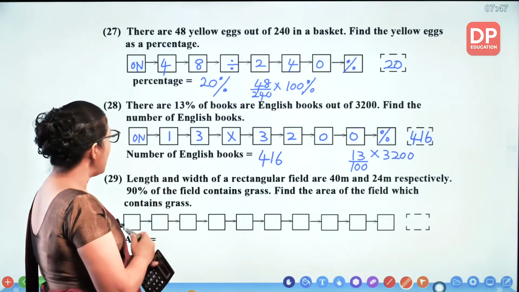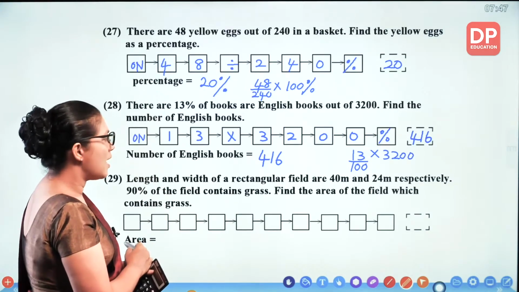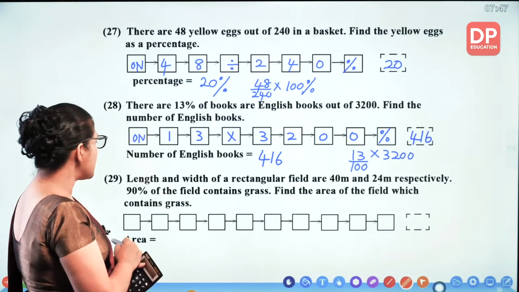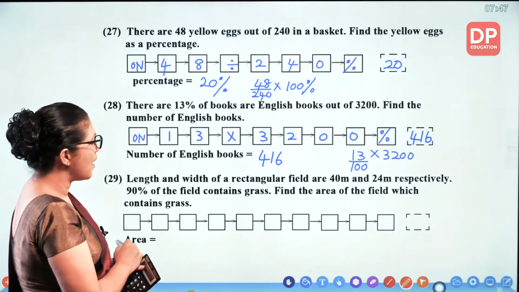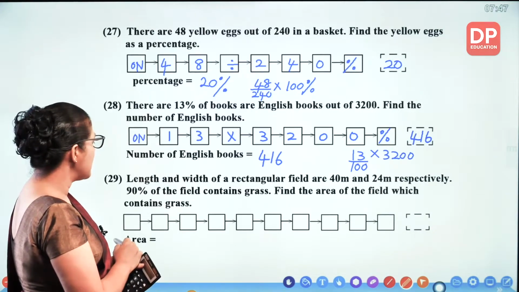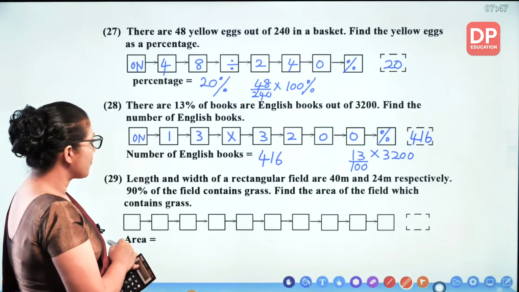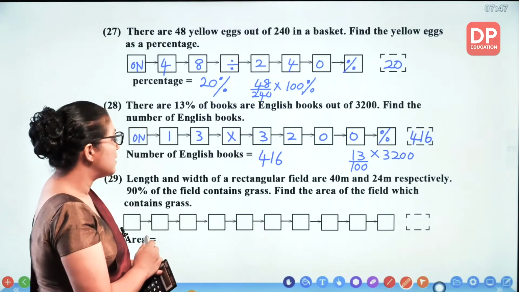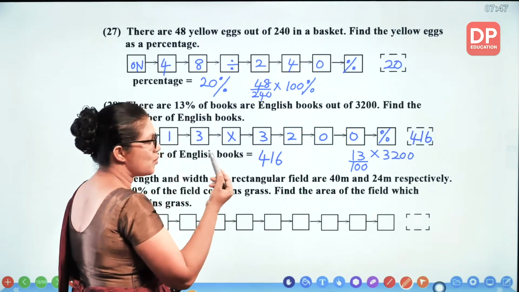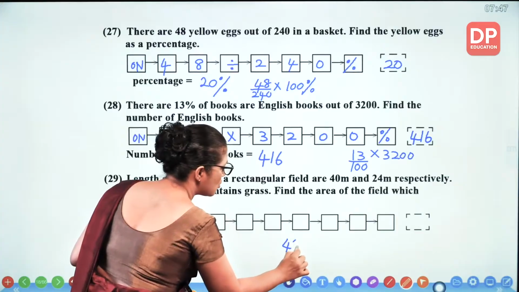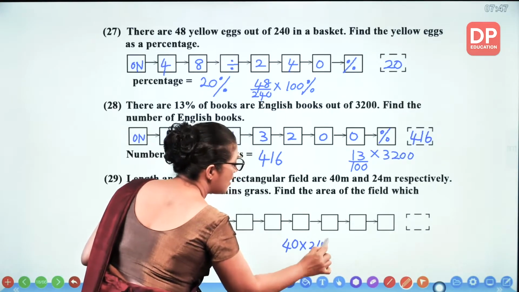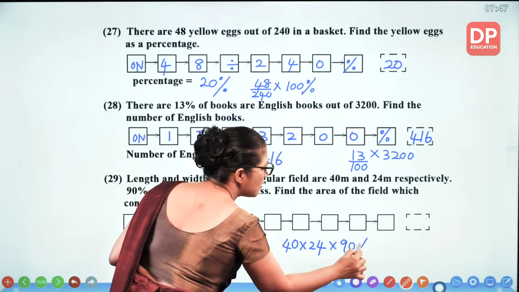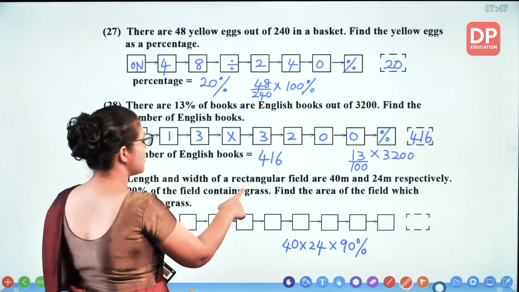Next question. The length and width of a rectangular field are 40 meters and 24 meters respectively. 90% of the field contains grass. Find the area of the field which contains grass. First, how do you find the area of a rectangle? Multiply 40 and 24. That's the area, and 90% of that contains grass.